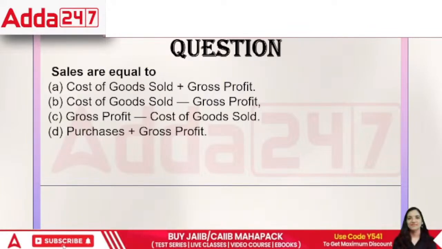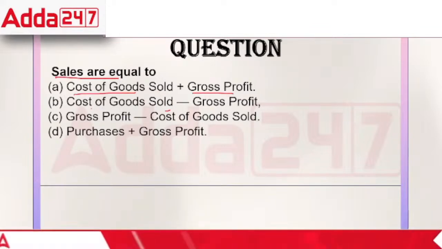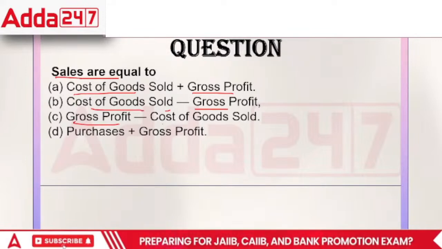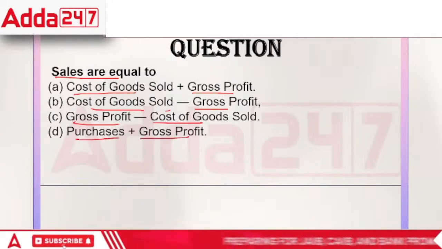Here comes the next question, everyone. Sales are equal to cost of goods sold plus GP, cost of goods sold minus GP, GP minus COGS, or purchases plus GP.